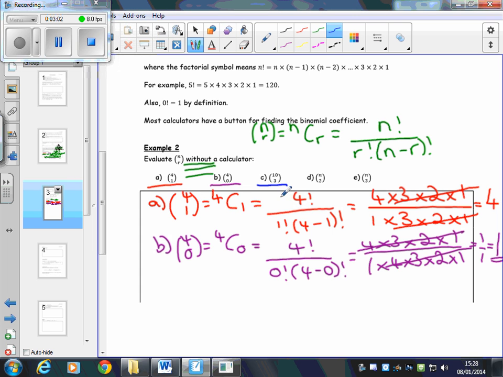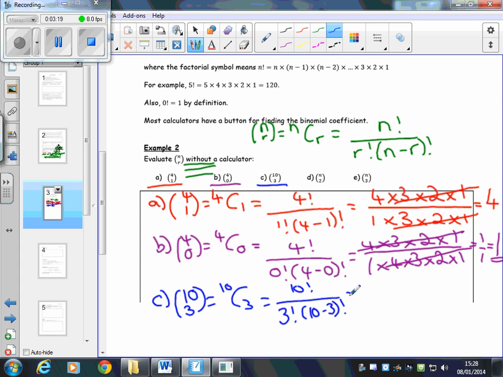Moving on to part C, where we've got 10, 3, which is 10C3. So this will give us 10 factorial divided by 3 factorial times (10 minus 3) factorial.